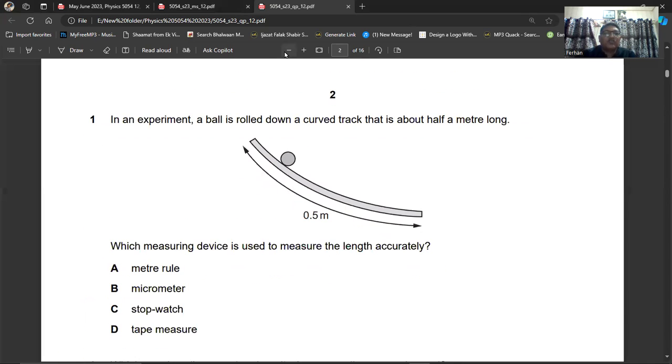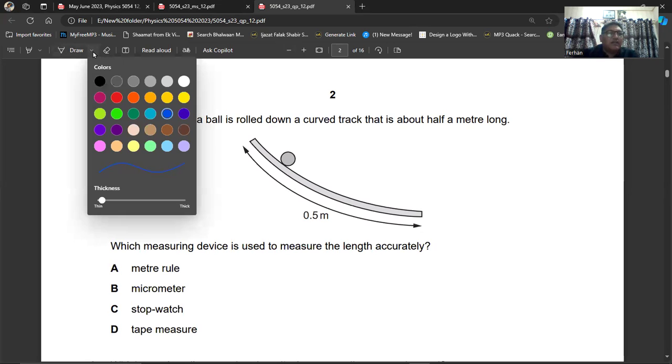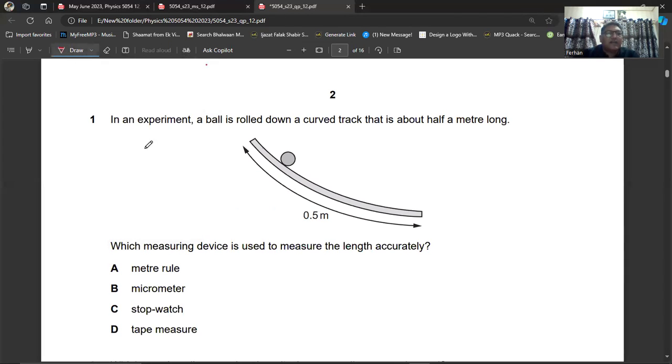Okay, so question number 1 is showing up on your screen. It says, in an experiment, a ball is rolled down a curved track that is about half a meter long. Which measuring device is used to measure the length accurately?